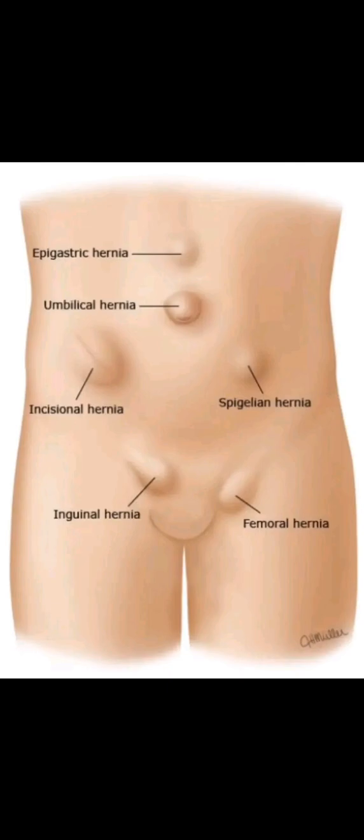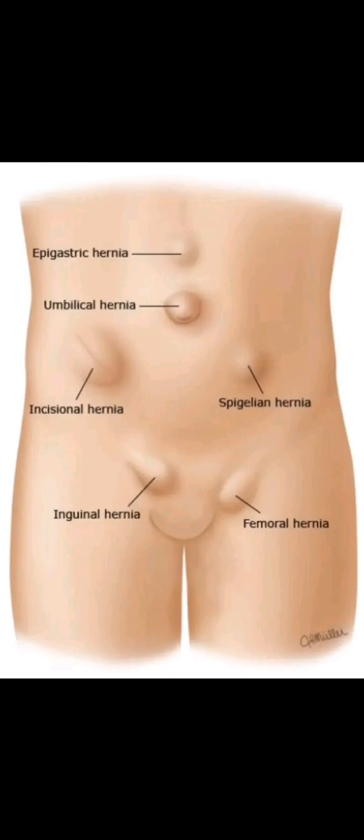Apart from that, we have Spigelian hernia. Here we are looking at a hernia that protrudes from the Spigelian area. You have to understand that the name comes from the Spigelian aponeurosis, an area made up of connective tissue.